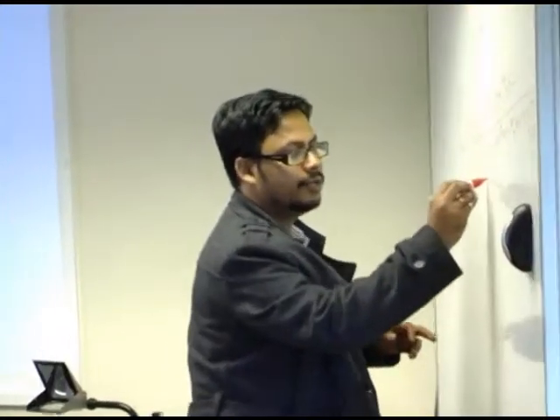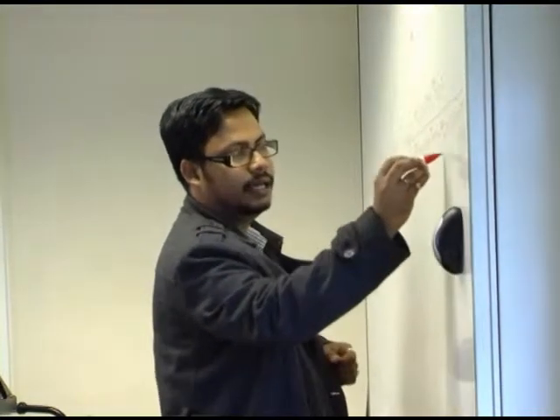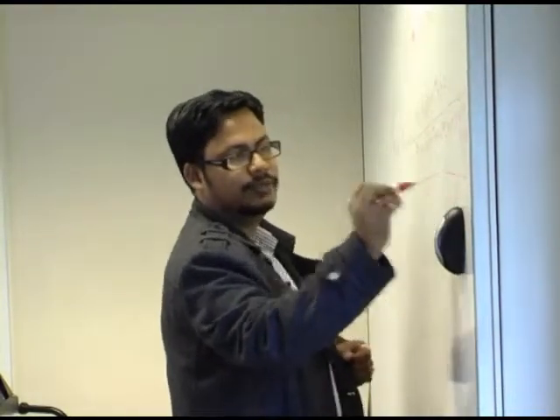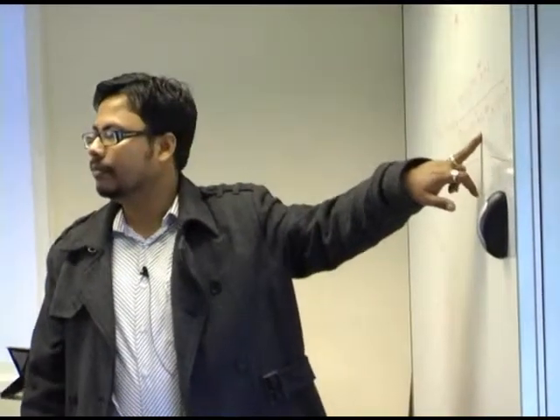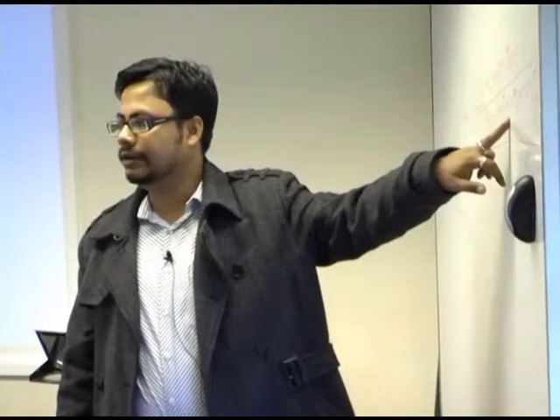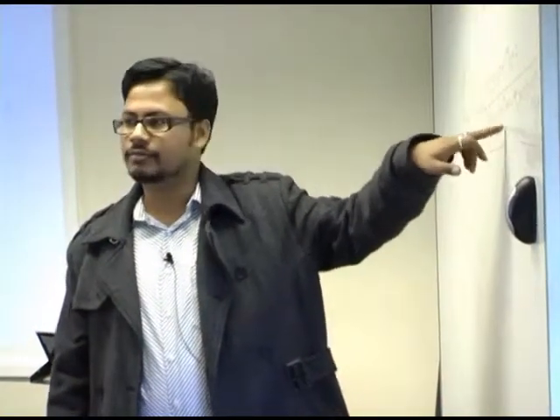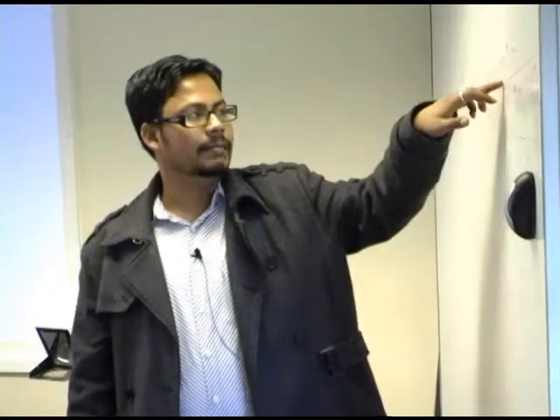supplier 2. So this part is for supplier 1, which is A. This part is for supplier 2, which is B. And we have weighed it out by the percentage of times they're supplying. So 70% of it comes from supplier 1, 30% of it comes from supplier 2. Similarly, the numerator is supplier 1's contribution alone.